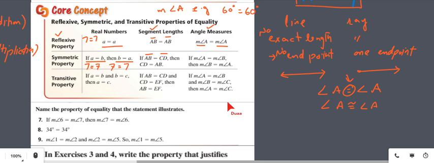Then CD would be equal to AB. So this is also true, just like the same case. For example, if AB has the length of 7 and CD also has the length of 7, then 7 will be equal to 7. This property is called the symmetric property of segment length.